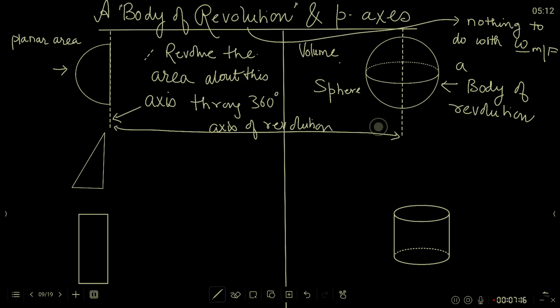Similarly, if you take a right angled triangle as the planar area, and you try to generate a body of revolution using this axis, what will you get? You will get a cone.